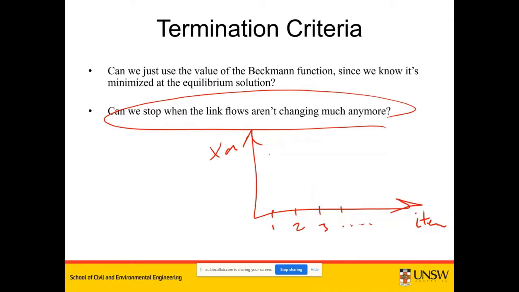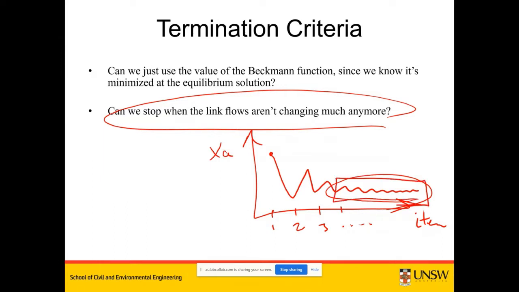In the first iteration, this is my link volume, then it goes down, up, down, up, down, up, down. And then over time, we can see that the link flows do not really change much after some iterations. That is an indication of reaching equilibrium, because the more you go, you don't really change much of the link volumes.